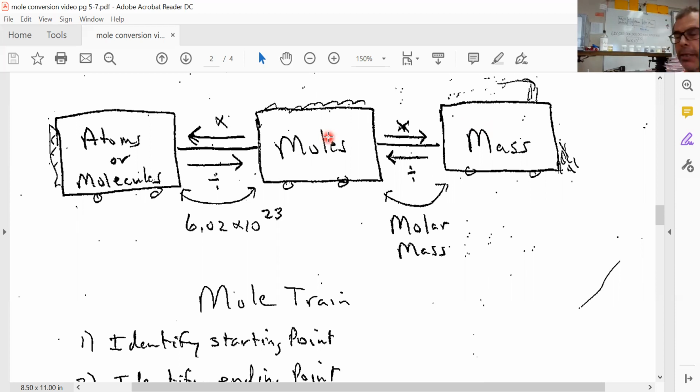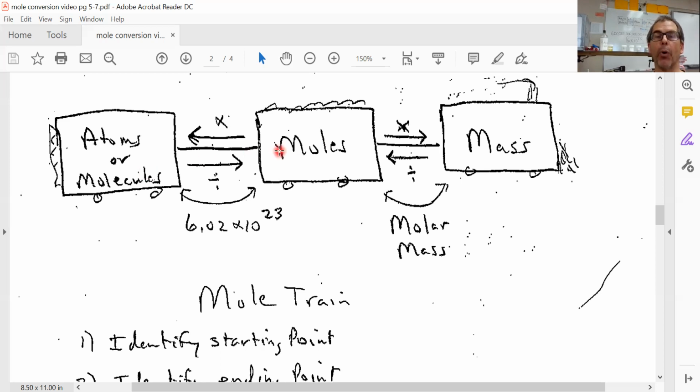All right, let's try something different. We said 1 mole was 6 times 10 to the 23rd molecules of water. What would 2 moles be? It would be twice as many molecules. So instead of 6 times 10 to the 23rd, it would be what? 2 times 6 times 10 to the 23rd, which would be about 12 times 10 to the 23rd molecules, which also comes out to be 1.2 times 10 to the 24th molecules.